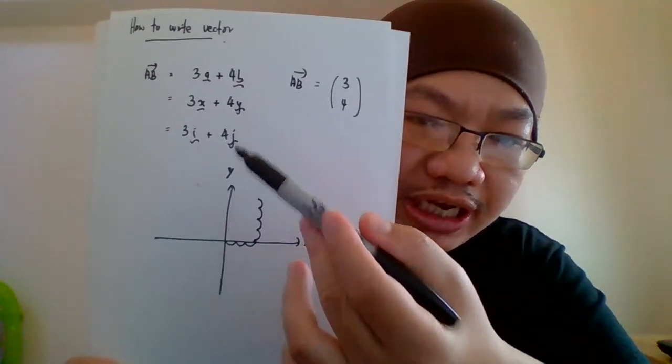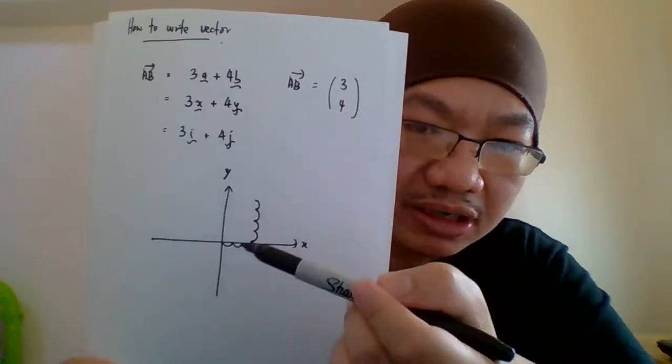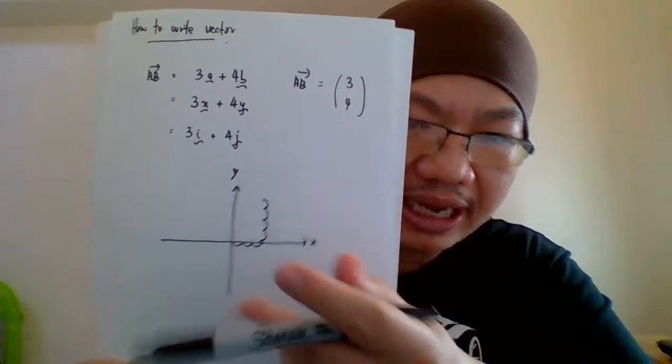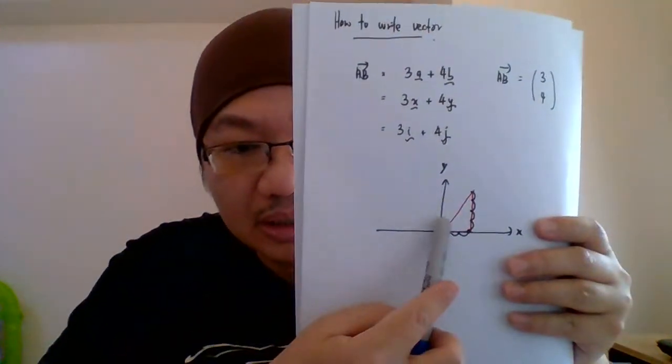And 4j is a positive value, so I jump 4 times to the top. So for the jumping here, we just connect the dots, and it will become like this. This is the vector. This is 3, this is 4, and this is the vector AB.